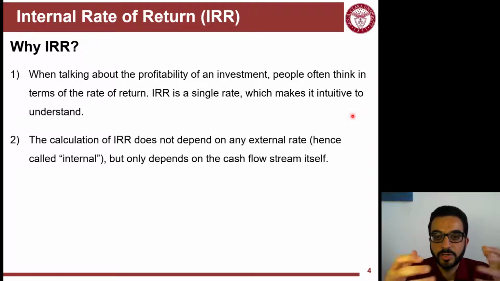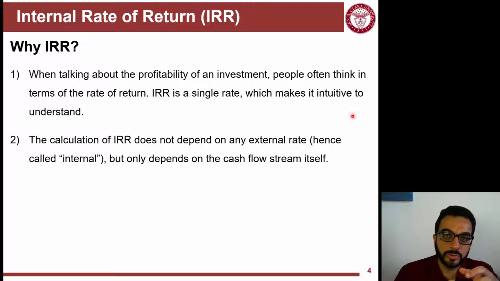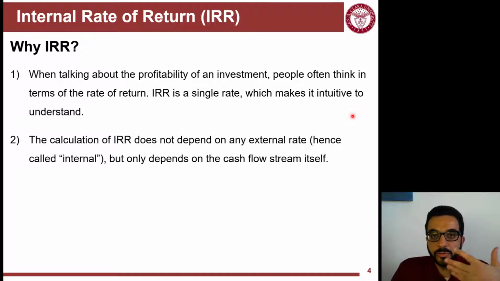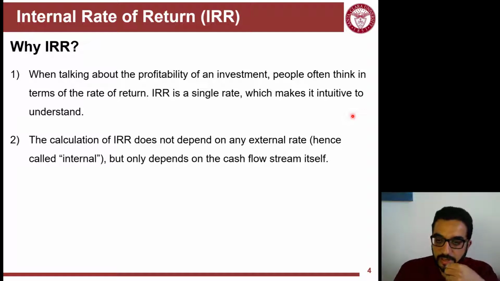It's not dependent on any external factor, here your MARR or the economy. So this is why it's called internal. So these are the two reasons. First, it's the language of the economy: what's the return of this investment or alternative. And the other is that it's not impacted by any external factors that can change its value over time.